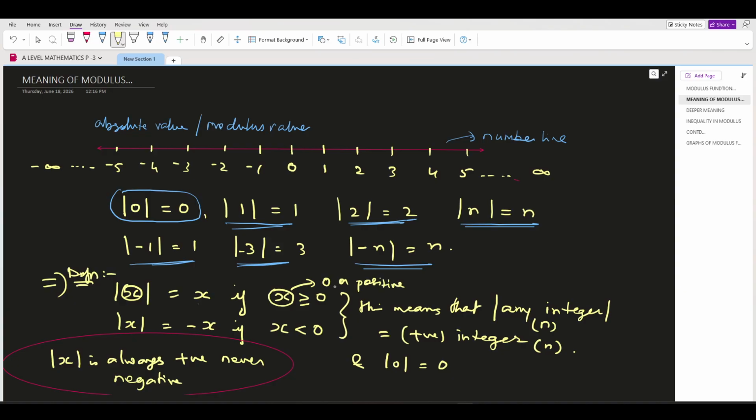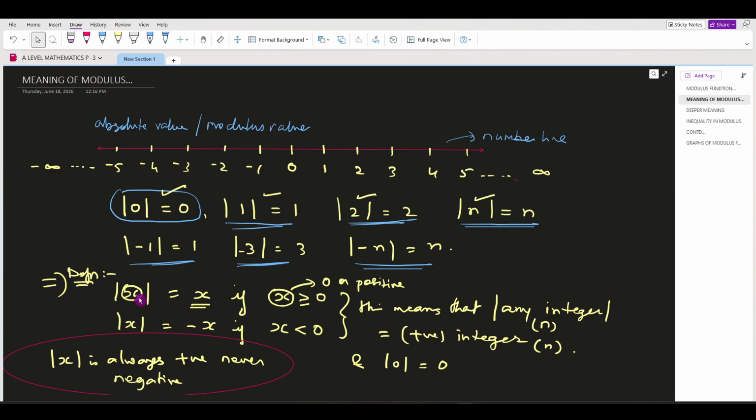So it can be 0, 1, 2, 3, 4, 5, 6, and so on. When x is equal to 0 or greater than 0, then its absolute value will be the same value x. By this definition, absolute value of 0 should be 0, absolute value of 1 should be 1, absolute value of 2 should be 2, and absolute value of n should be n.